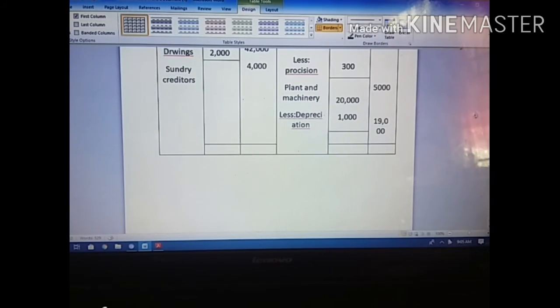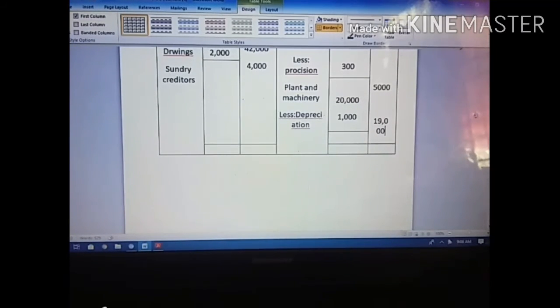Whenever you make an adjustment, only then does it show the true and fair value of your financial position. So now the value of plant and machinery is 19,000. Before it was 20,000; after minus the depreciation, the original value is only 19,000.